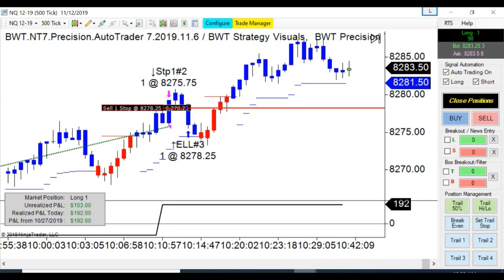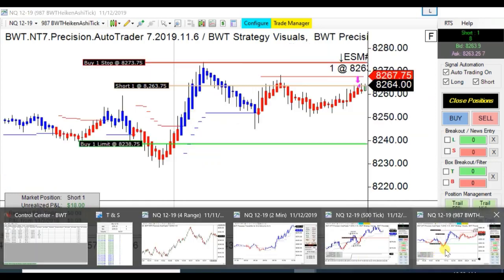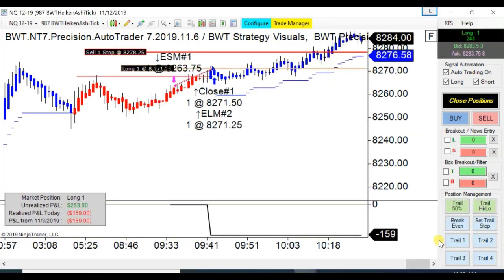Let's take a look at the other account traded. So this one is trailing.